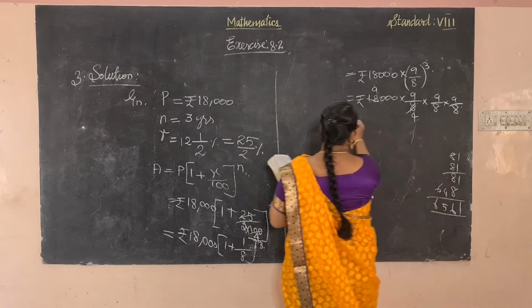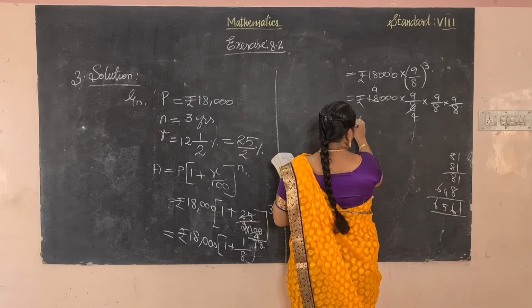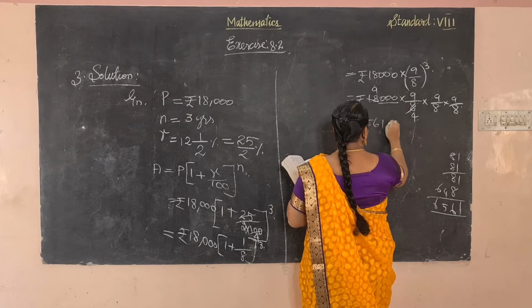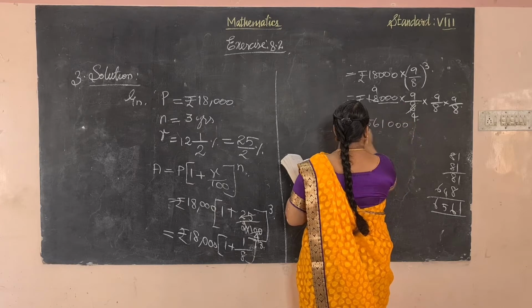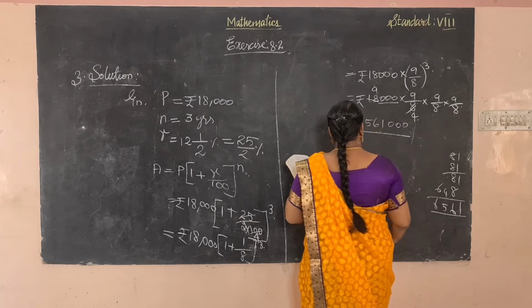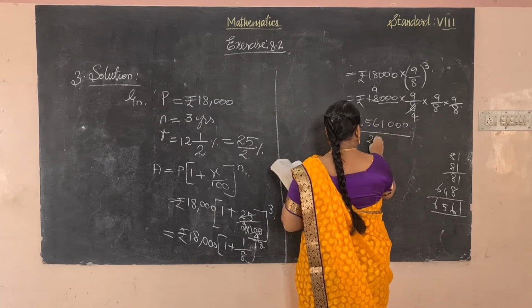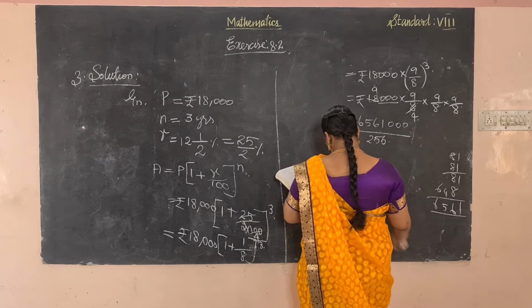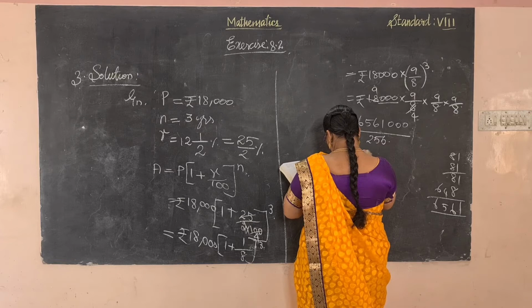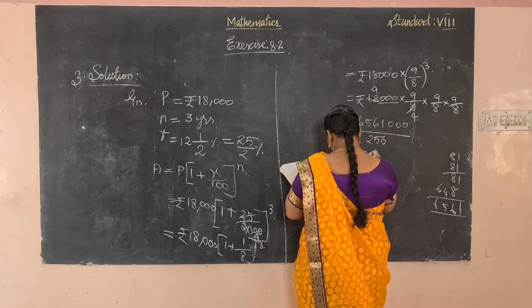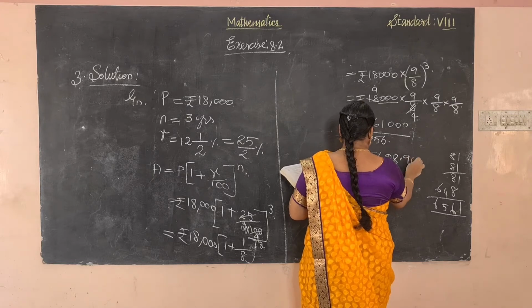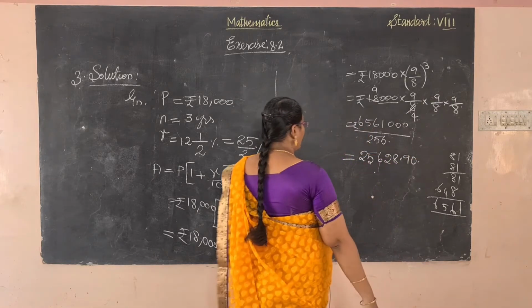So what is the value? Rupees 6,561. Already here 3 zeros are there, divided by 8 8s are 64, 64 4s are 256. Let's divide. We get 25,628.90.